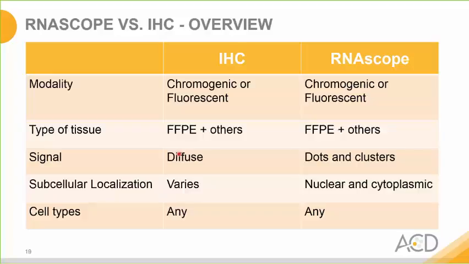The subcellular localization of staining for immunohistochemistry varies with the biomarker. For RNAscope, the signal is typically in both the nucleus and the cytoplasm, reflecting detection of transcription in the nucleus and export of transcripts into the cytoplasm for translation. Last, both IHC and RNAscope work in almost any cell type.